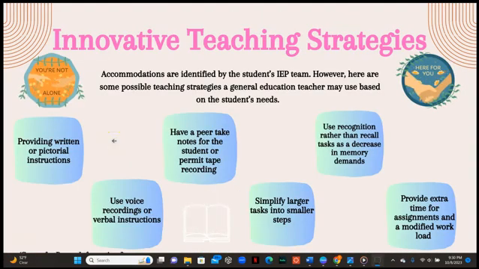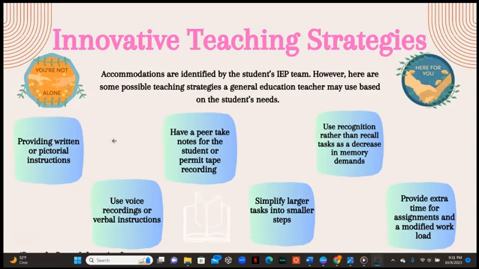All right, so some innovative teaching strategies. Accommodation is definitely a number one thing that the IEP team will discover for the child. Here are some possible teaching strategies for a general education teacher based on their needs.